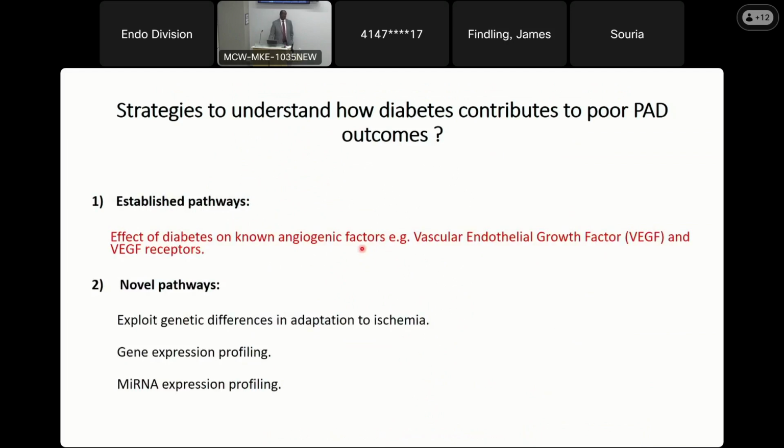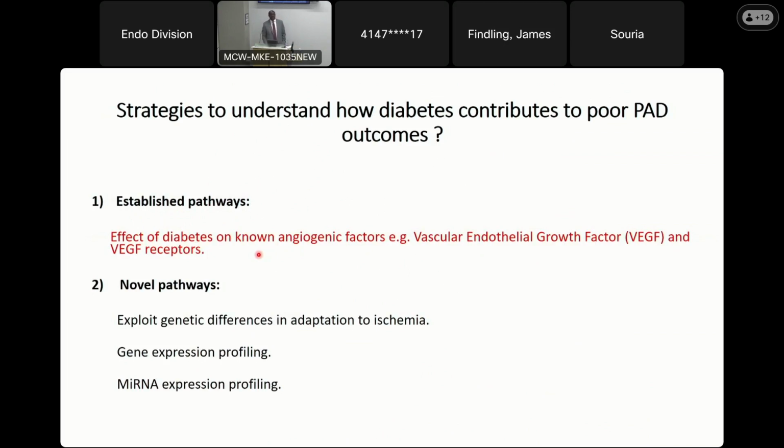So when you think about the strategies to then employ to try to understand how diabetes might impact PAD outcomes, we've used a number of different approaches. The first one I'm going to talk about is looking at established pathways. So what do I mean by that? There are certain factors such as VEGF, or vascular endothelial growth factor, that's been studied extensively as a pro-angiogenic agent.